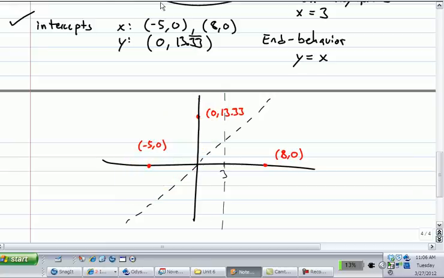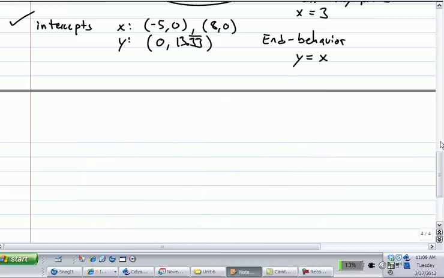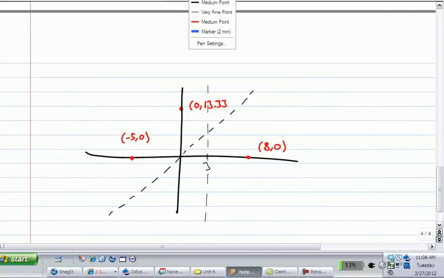So for your graph, I'm going to move this so we have a little more space. Our graph in this nice blue color is going to be... Oh, we didn't put the hole in yet. Where's the hole? It's way up, so the hole's right here.